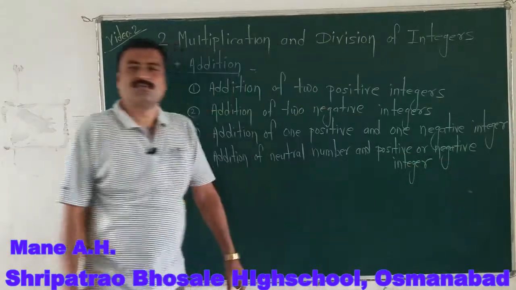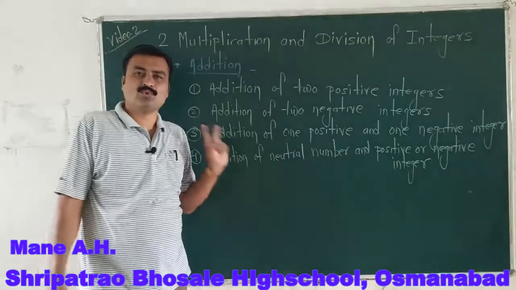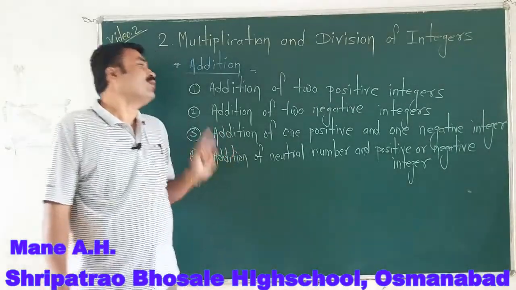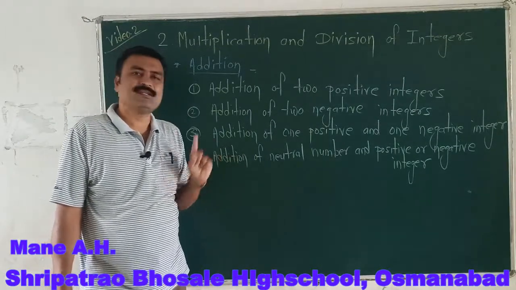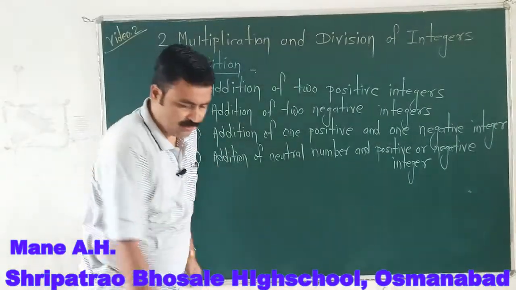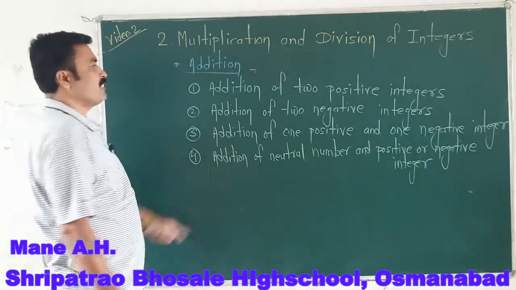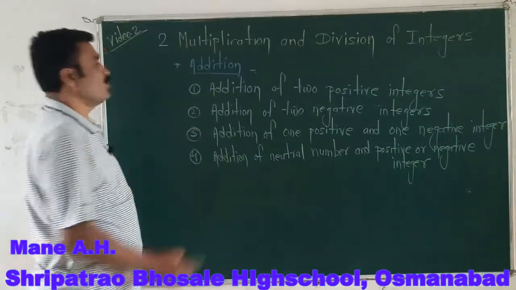So these are the four conditions for the addition of two integers. Now one by one we have to revise the methods that we follow in this addition. So let's start with the first condition, that is the addition of two positive integers.